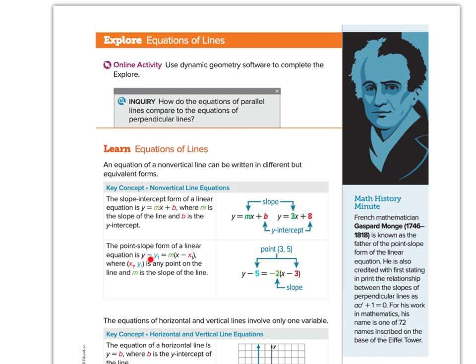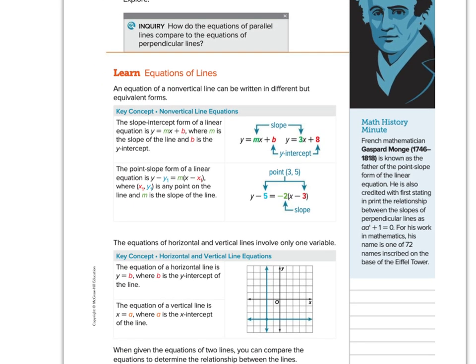Y minus y1 equals slope m times x minus x1. So the things that change in this formula, again, so we have y equals mx plus some intercept number.